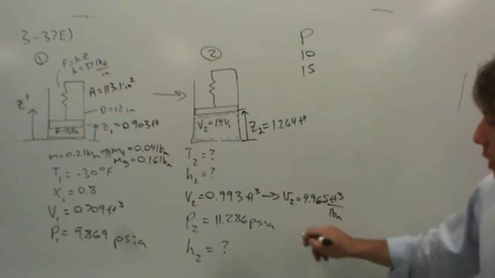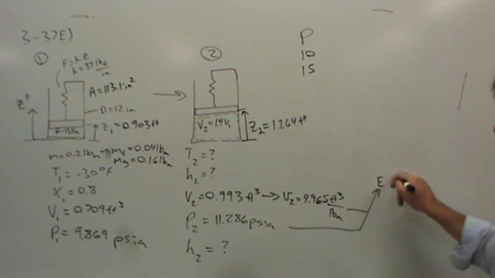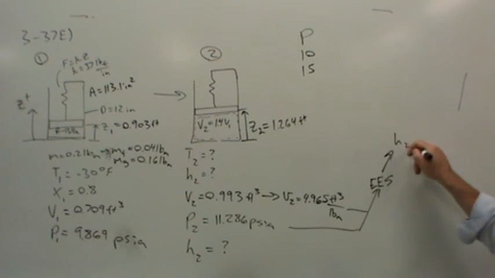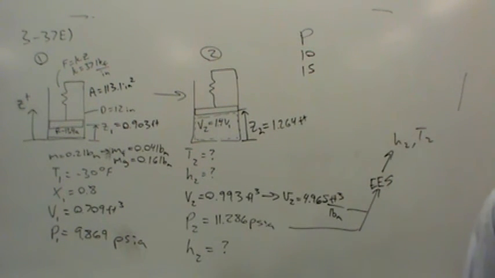Another way to solve this is to take these two parameters and use EES, Engineering Equation Solver, to get h2 and T2. That's the easy way to do it. So it's called EES. Bad pun, but we're engineers after all, not comedians. Okay? So I'm going to go to a spreadsheet. We're going to figure out how to interpolate and find the enthalpy and temperature.